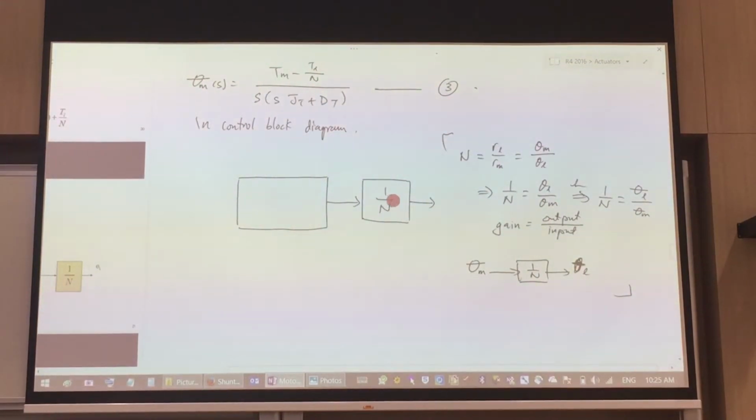I have this as 1 over n, theta m, and theta L. And the rest over here, that will be this denominator, 1 over s times (s Jt plus Dt).